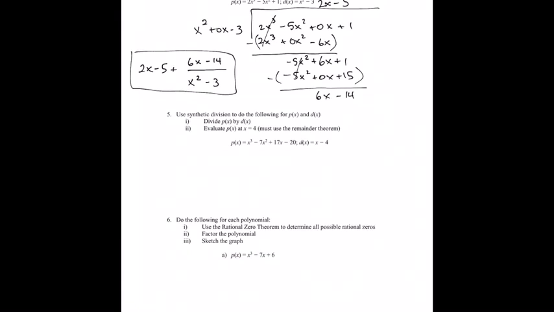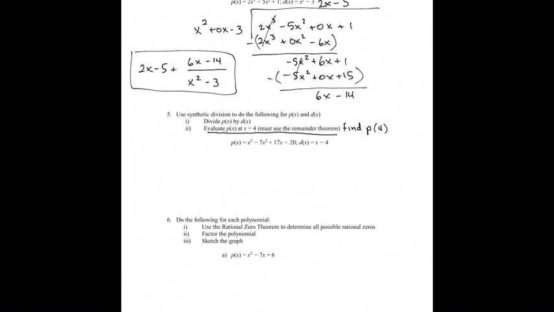Okay, question 5 is also from section 3.3. Primarily what is meant to have you practice here is the remainder theorem. So when it says evaluate p of x at x equals 4, it's asking you to find p of 4, but not by plugging 4 in for all of these x's.